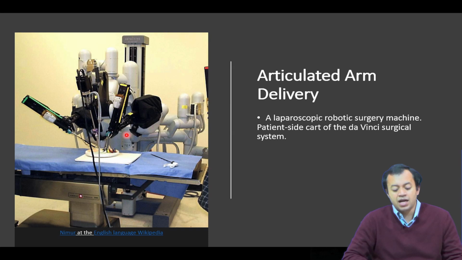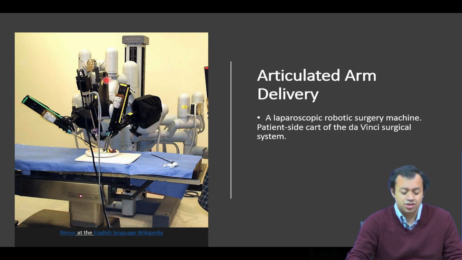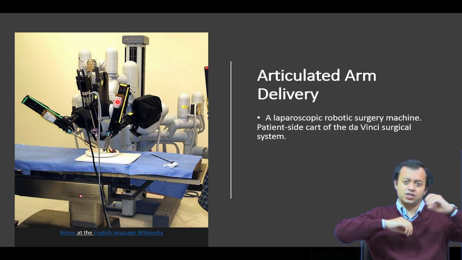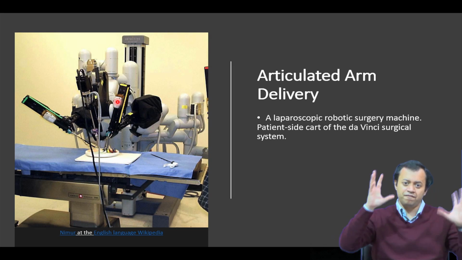There is of course articulated arm delivery, which is basically robots. These are robots which contain laser. So, you must have seen assembly lines of car manufacturing units, where all those robotic arms do welding and cutting of metal tools.